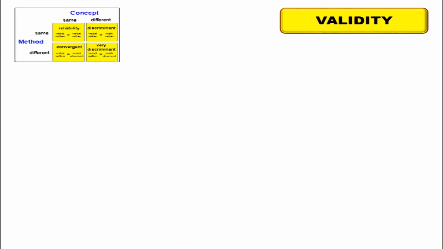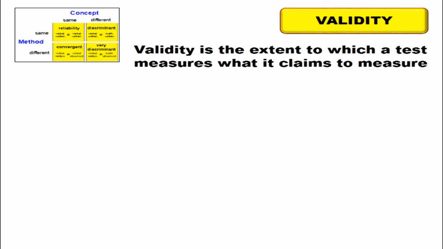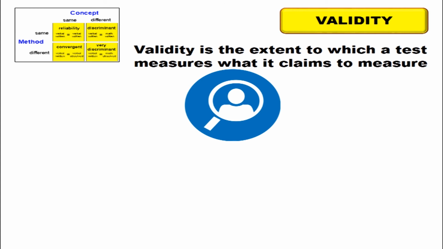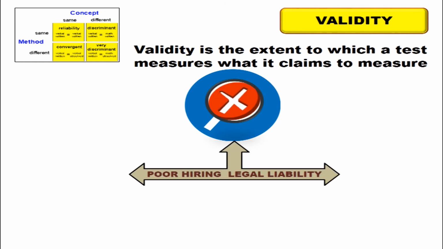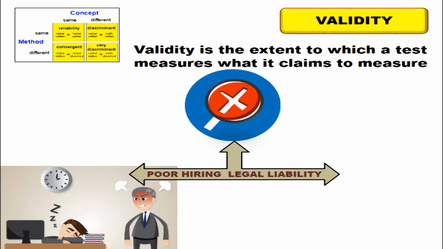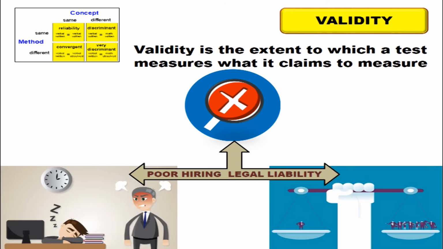Validity. The basic requirement for a selection test is that it be valid. Validity is the extent to which a test measures what it claims to measure. If a test cannot indicate ability to perform the job, it has no value. And if used, it will result in poor hiring decisions and a potential legal liability for the employer.